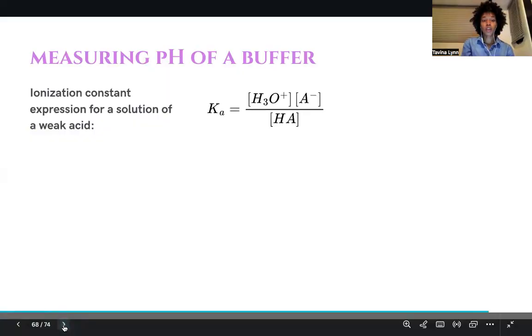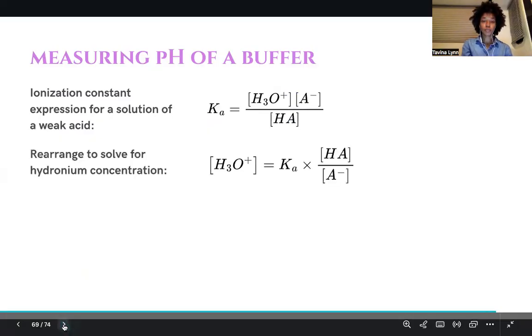We are going to start with the equilibrium expression for a weak acid that's hydrolyzed, our Ka. So this is our equilibrium expression for the hydrolysis of a weak acid. If we rearrange that to solve for the concentration of our hydronium ions, this is what we get.